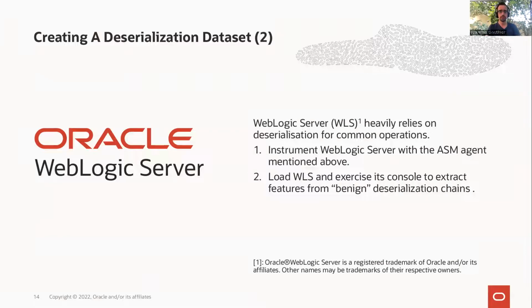We apply the same logic to our benign application, which is Oracle WebLogic Server in this case, which is an enterprise system that is heavily using deserialization for its common operations. So we did the same thing. We built an agent, we attached it to WebLogic, and then we exercised WebLogic to trigger deserialization, and then extracted the features from all the classes that were being deserialized.